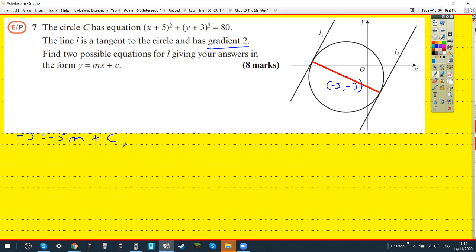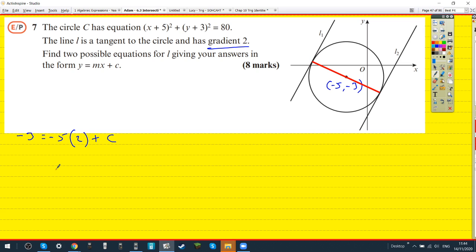So it'd be y minus 3 equals 2 brackets. Would it be written out as 2 minus 5 in brackets? Same thing. Okay, plus c.